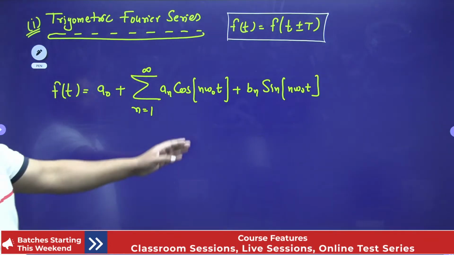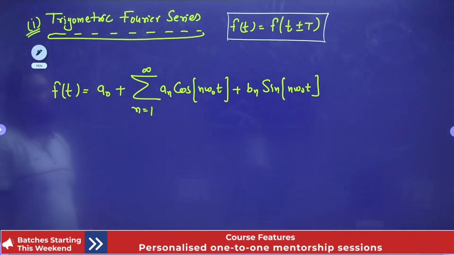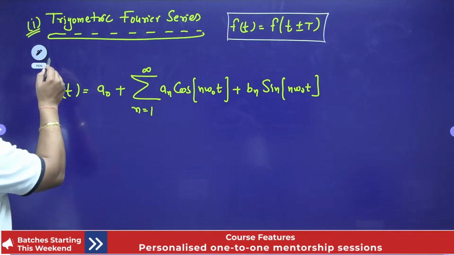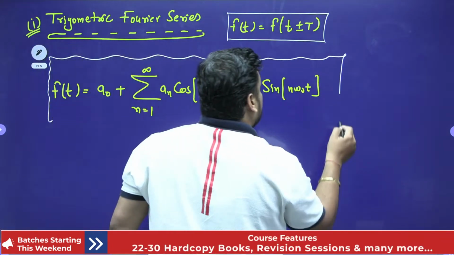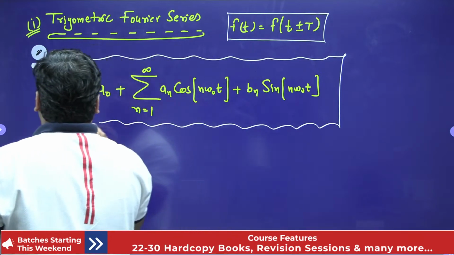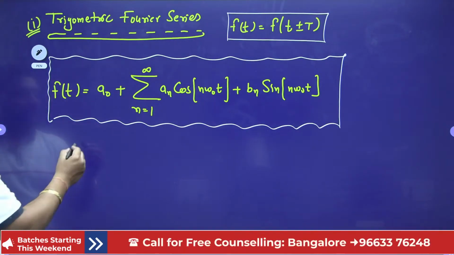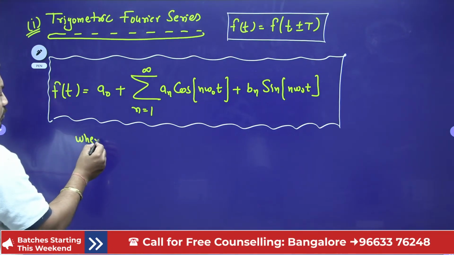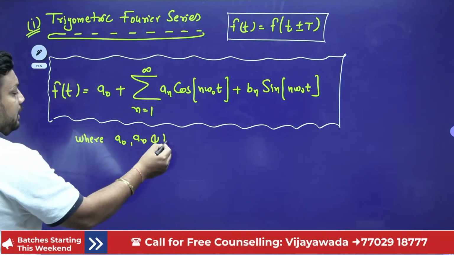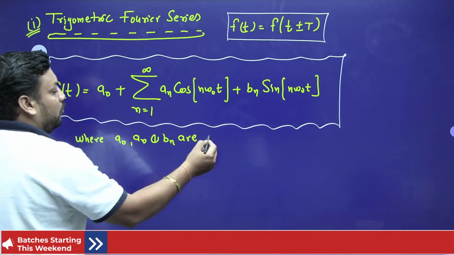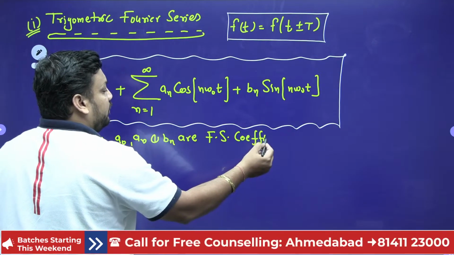Here we have different harmonics of cos and sine terms, and one constant term, that is the DC term. So the signal can be represented as a combination of sinusoidal harmonics as well as the DC term. This is the trigonometric Fourier series representation, where a0, an and bn are the Fourier series coefficients.